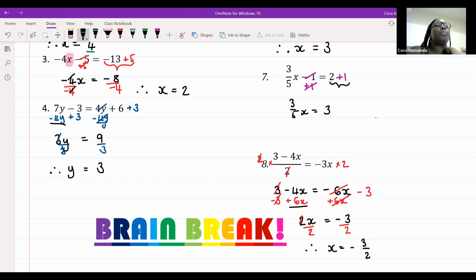Then I want to get rid of this divide by 5. I'm going to multiply by 5, and I'm also going to multiply by 5 on this side. Cancel here and cancel there. So I'm going to end up with 3x is equal to 15.